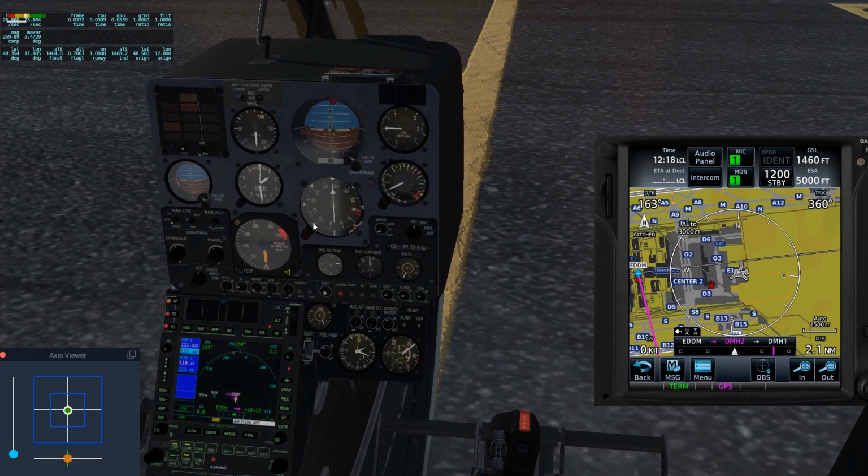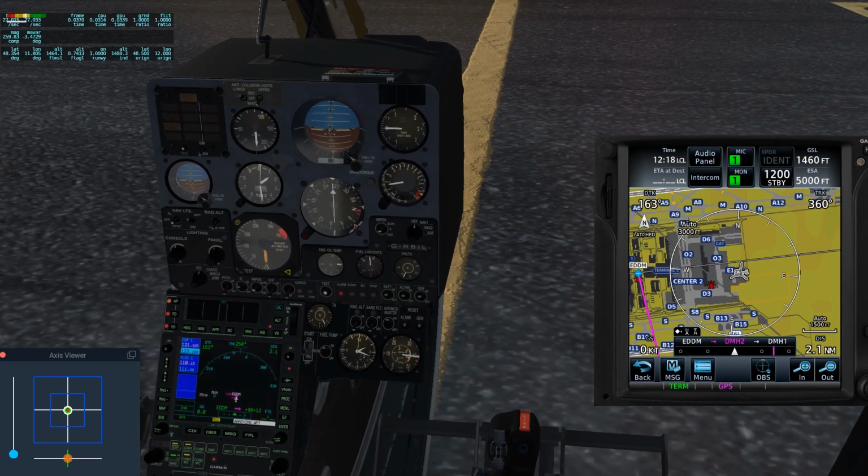Delta 3 orange, Oscar 3 orange, and then 39, Austrian 4711. 4711 negative, via Whiskey 2, Delta 3 orange and Echo 3 orange. Okay, via Whiskey 2, Delta 3 orange, Oscar 3 orange, Austrian 4711.